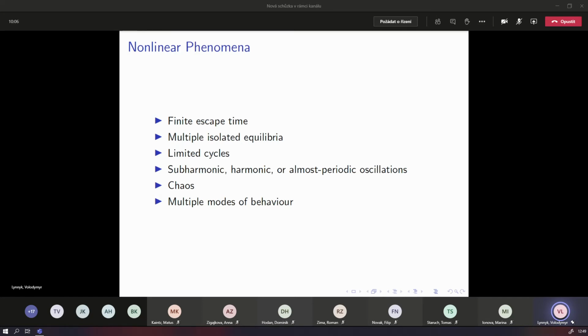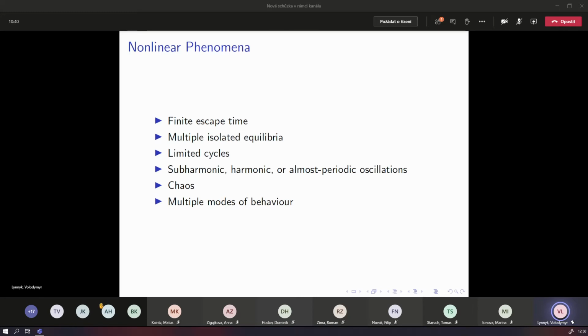Multiple isolated equilibria: a linear system can have only one isolated equilibrium point, thus it can have only one steady-state operating point that attracts the state of the system irrespective of the initial state. A nonlinear system can have more than one isolated equilibrium point. The state may converge to one of several steady-state operating points, depending on the initial state of the system.